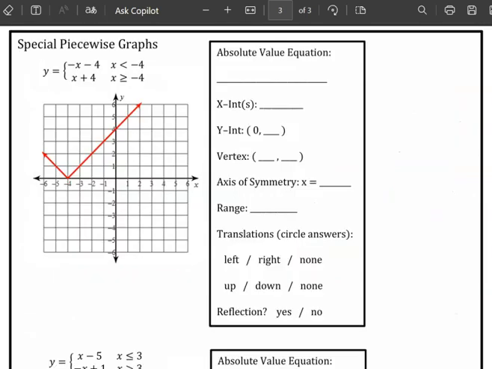Special piecewise graphs. An absolute value function is a special piecewise graph that connects 2 linear functions with opposite slopes. One has a positive slope and one has a negative slope. Let's look at this one. This one has a piecewise function of negative x minus 4 for x less than negative 4, and x plus 4 for x greater than or equal to negative 4. Now for these, you could put either of them as equal to.